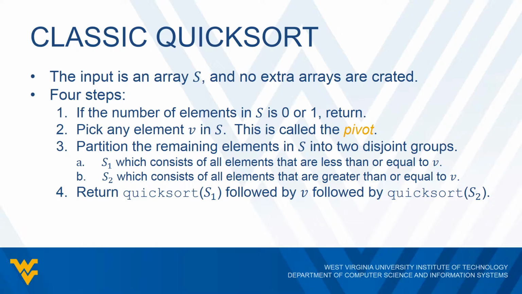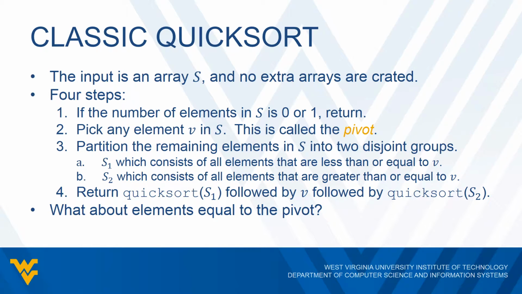Now the question comes, what do we do with the elements equal to the pivot? Because we said here that we put elements that are less than or equal to the pivot in S1 and elements that are greater than or equal to the pivot in S2. So where do we put the elements that are equal? Do we put them in S1 or S2? That actually is just up to the programmer. It's a design decision.